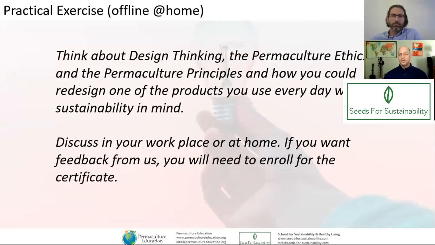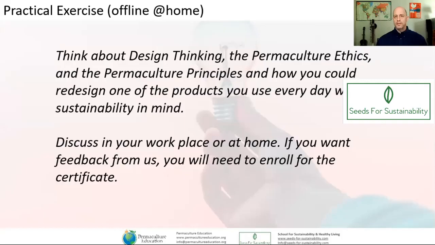We see even landscape architects who are normally not knowledgeable in some of this stuff, getting certified in permaculture and bringing that to their landscape architect practices and getting a lot more business because of it, because they have these systems and new tools for their toolbox.